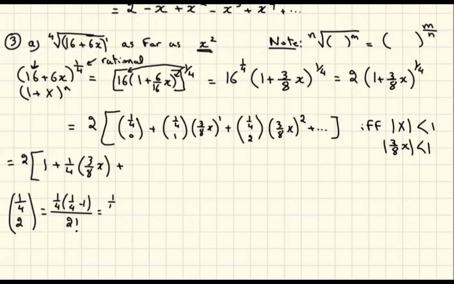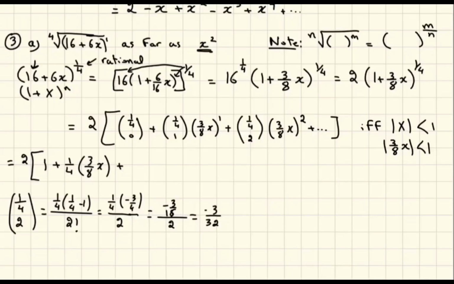And we did this question actually before in a previous video. So this is minus 3 over 4, and 2 factorial is just 2. My answer will be minus 3 over 16 over 2, which is minus 3 over 32.